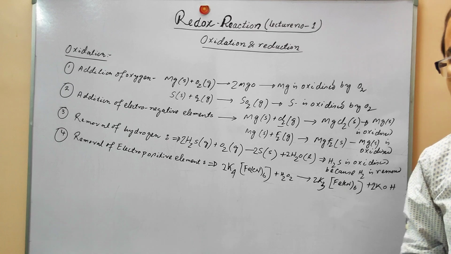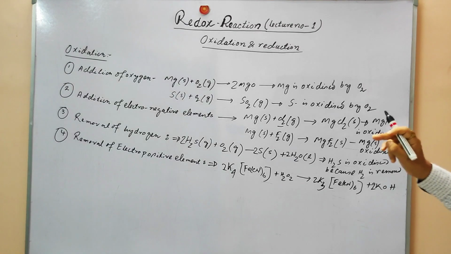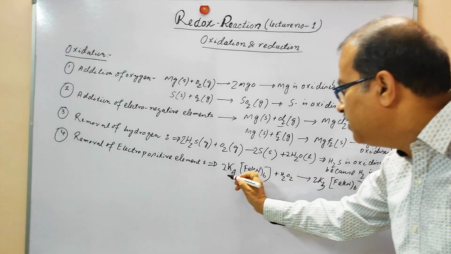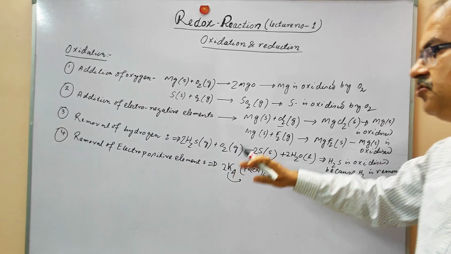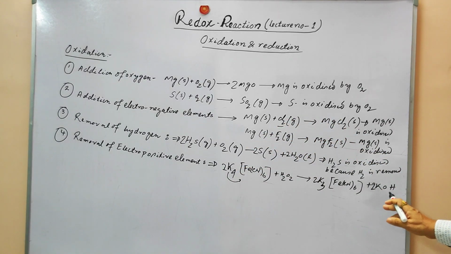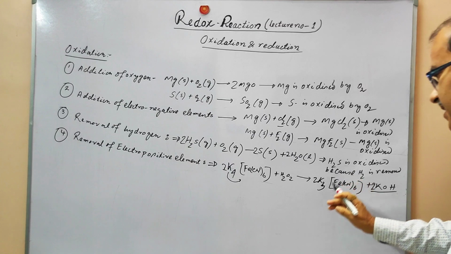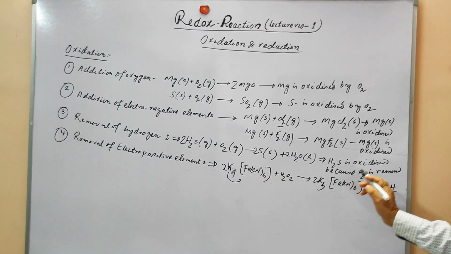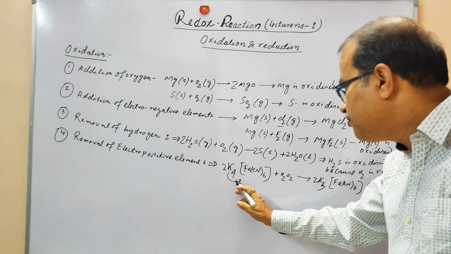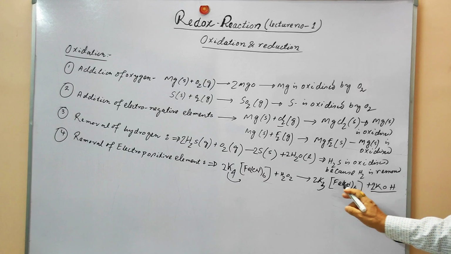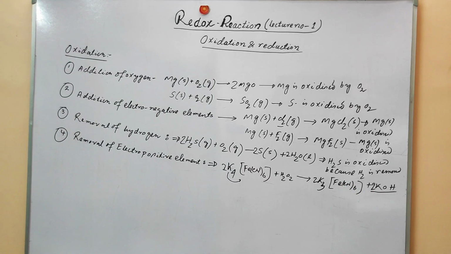Here also you can see the removal of an electropositive element. The electropositive element is potassium, and it is removed, producing KOH.